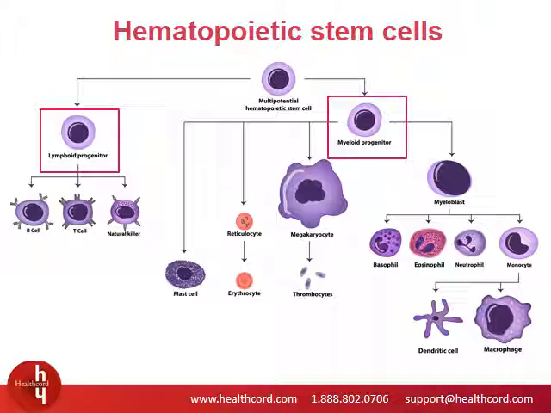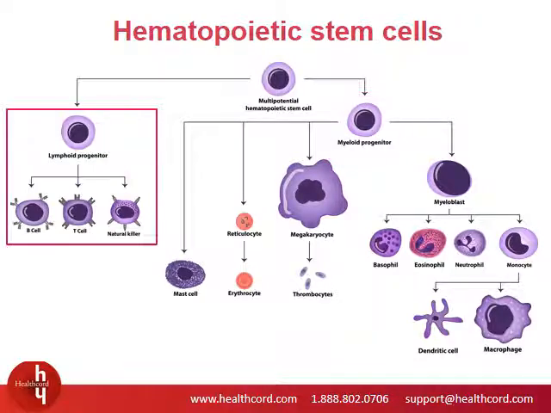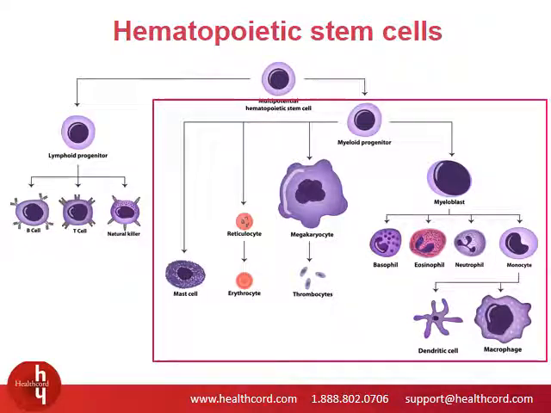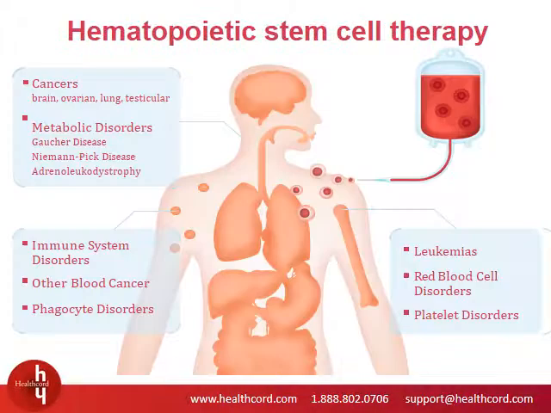Hematopoietic stem cells produce two types of progenitor cells, lymphoid progenitors and myeloid progenitors. Lymphoid progenitors regenerate the cells of the immune system. Myeloid progenitors are responsible for generating several different types of blood cells, including red blood cells. Hematopoietic stem cells are likely the most extensively studied type of stem cells.